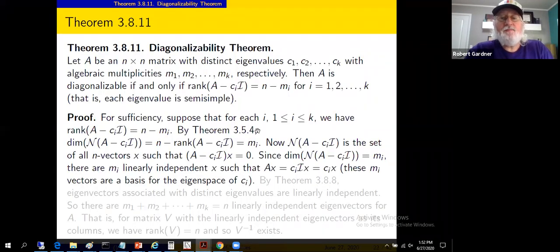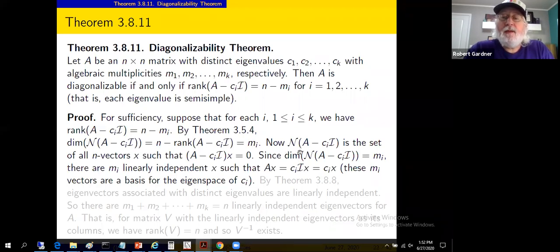Okay, so we get the dimension of the null space of that matrix is n minus the rank of that matrix. N minus the rank equals m sub i, if you rearrange this little formula here. So we get an m sub i out there.